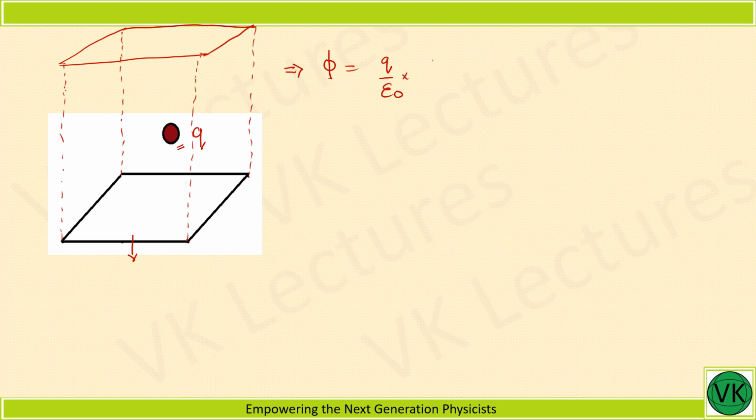So one out of the 6 faces, we need 6 faces to construct the cube, and the total flux will be equal to q by epsilon naught into 1 by 6.